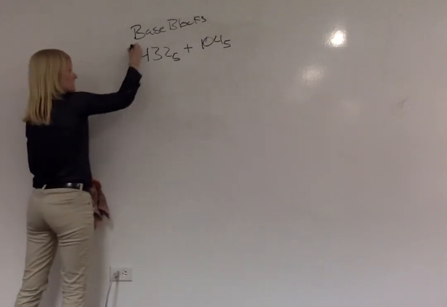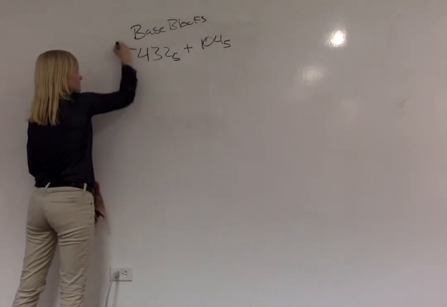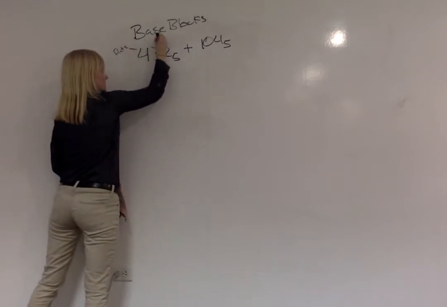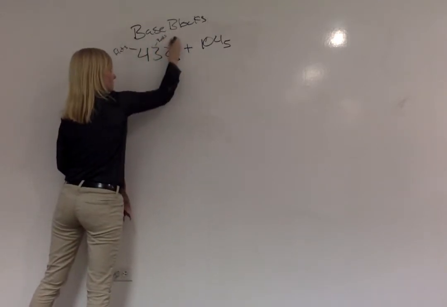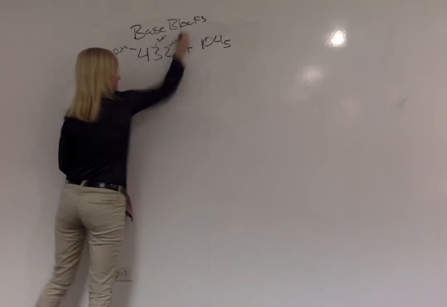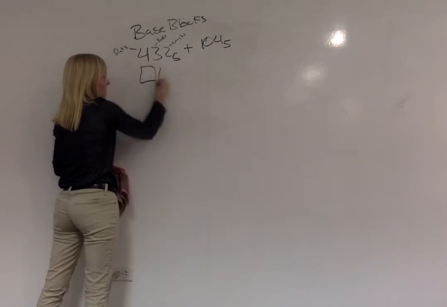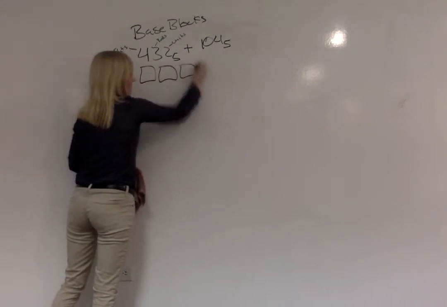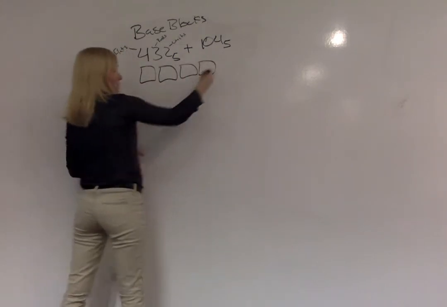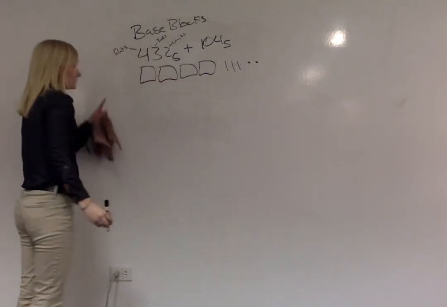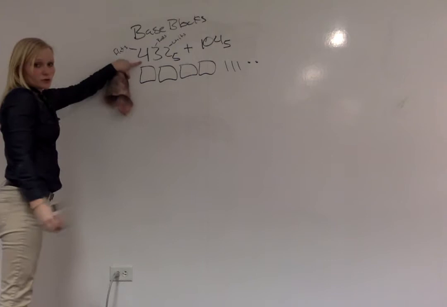In base blocks, the hundreds place is represented by flats, the tens place are called rods, and the ones are called units. Now to set this up, we would have 4 flats, 3 rods, and 2 units. That's how you get 432 in base blocks.